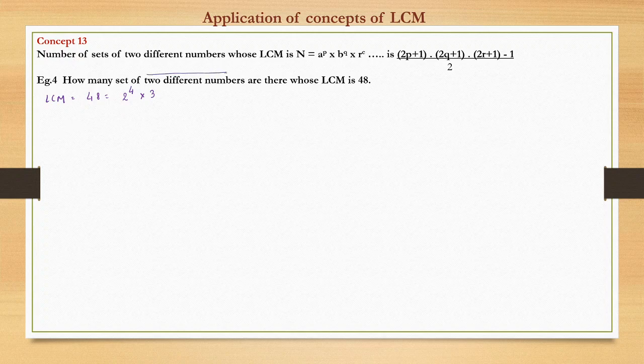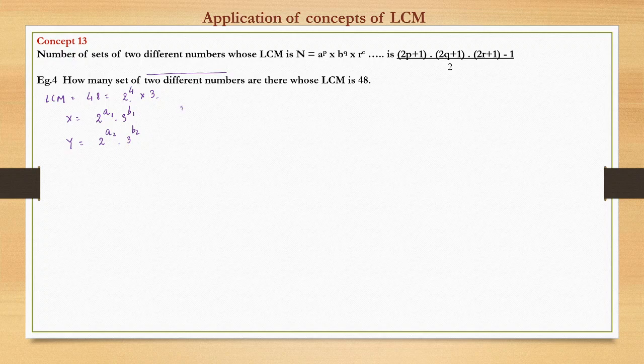Set of two different numbers. So let the number x be 2 raised to power a1 and 3 raised to power b1, since only two prime numbers are involved, 2 and 3, so we assume variable indices of 2 and 3. Similarly, let y, another number, be 2 raised to power a2 and 3 raised to power b2. So these are two numbers.